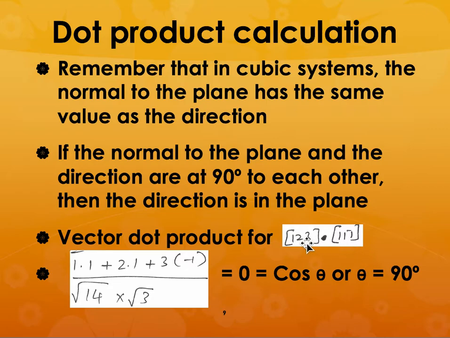1 bar are equal to 1 times 1 plus 2 times 1 plus 3 times minus 1 equal to 0, divided by the square root of the numbers. 1 squared plus 2 squared plus 3 squared is equal to 14, and for 1 1 1 bar, the summation of the squares of those is equal to 3.